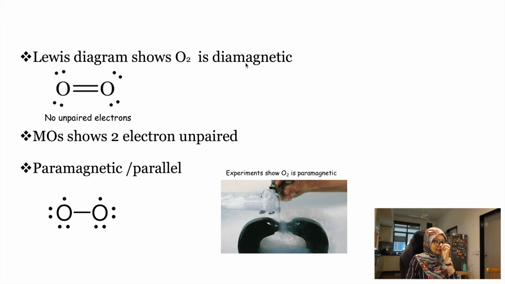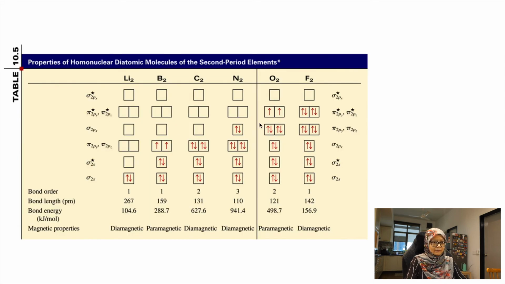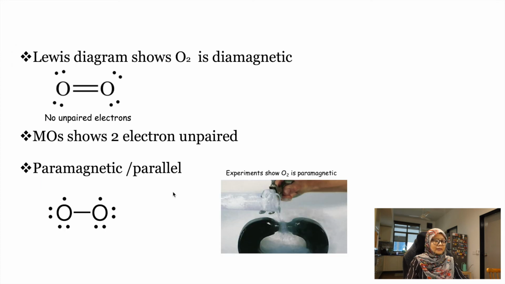But the MOs show 2 unpaired electrons, and from experiment, oxygen is paramagnetic because liquid oxygen is attracted to the magnet. Actually the correct Lewis diagram for oxygen is like this, with 1 bond here.